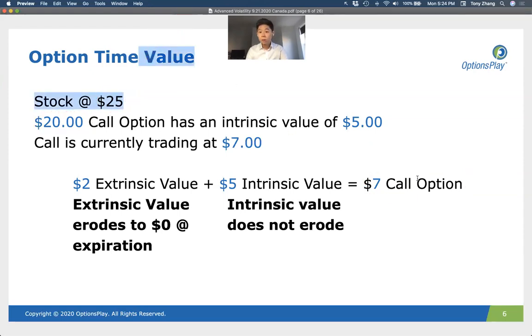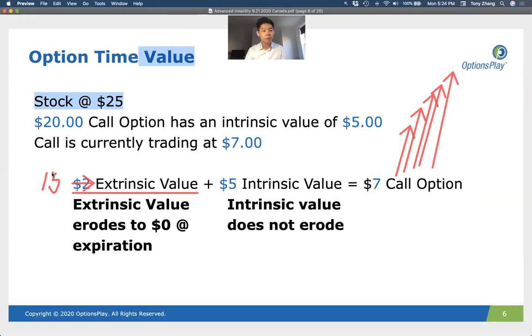So what you're really doing is bidding up the extrinsic value of that call option by saying, I think this option is worth more. And when I say you, I don't mean you specifically, I mean the market. If everyone in the market thinks that this stock is going to rally, they're going to keep paying more and more money for this call option until maybe the extrinsic value of this call option, instead of being $2, is now $15.